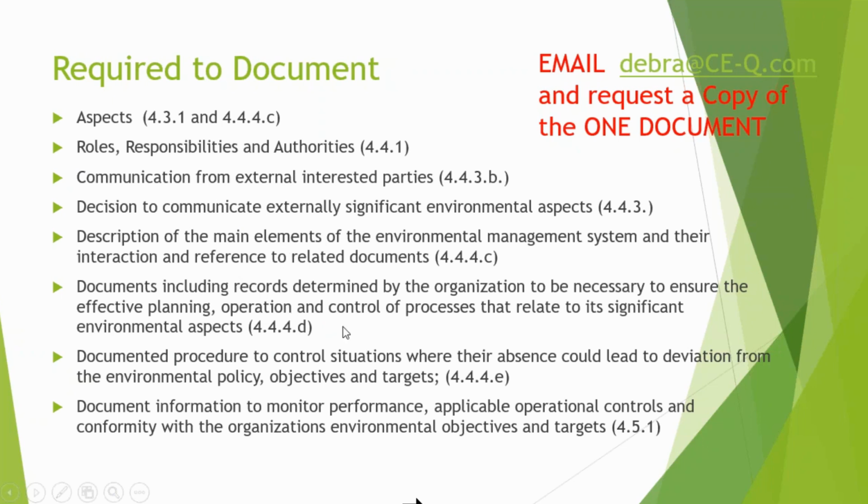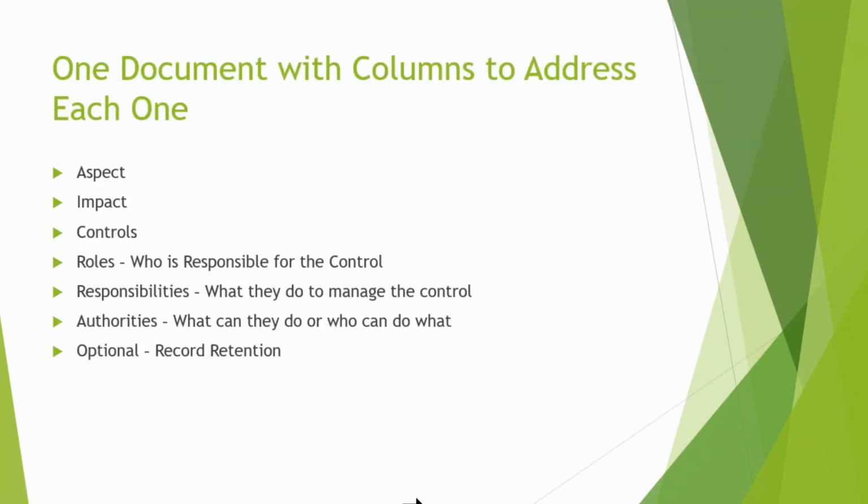The records required, so we're going to need to document our records, and documented procedures where their absence could lead to a deviation from our policy, objectives and targets. That's the only time we need to control the situation, and the documented information to monitor performance.